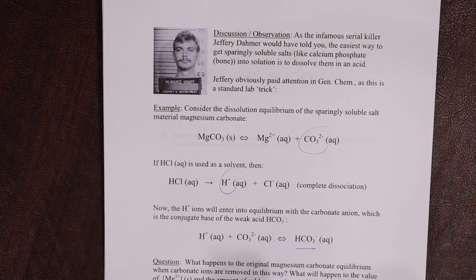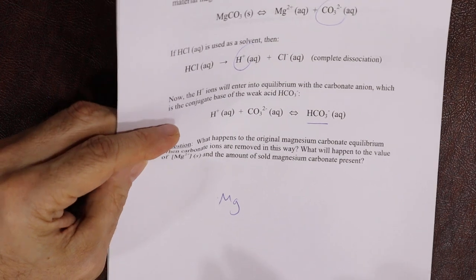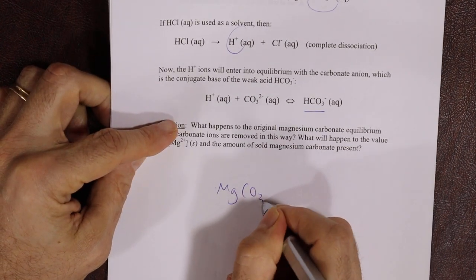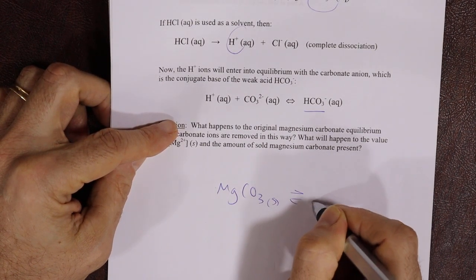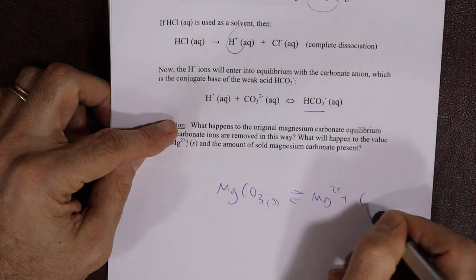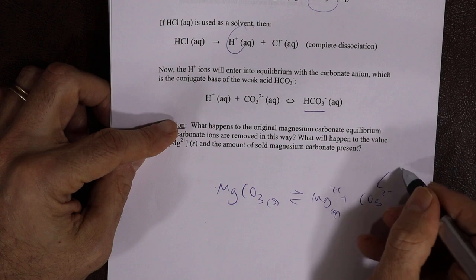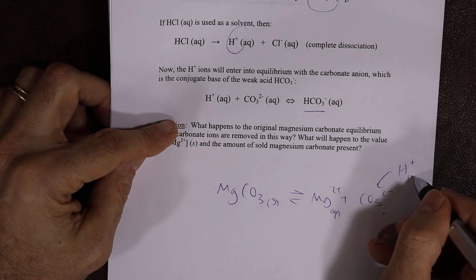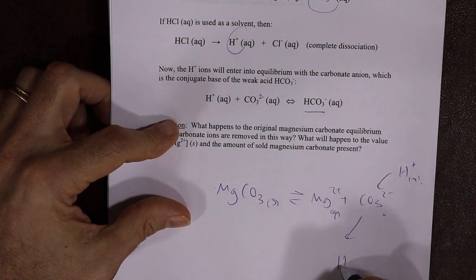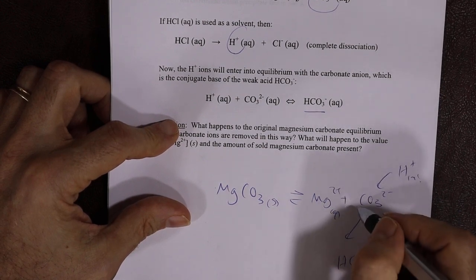So if I have MgCO3 solid in equilibrium with Mg2+ and CO3 2-, and I throw some H+ at it, and this works for pretty much any insoluble thing, the carbonate turns into HCO3-. That's a different thing, so its concentration goes down.